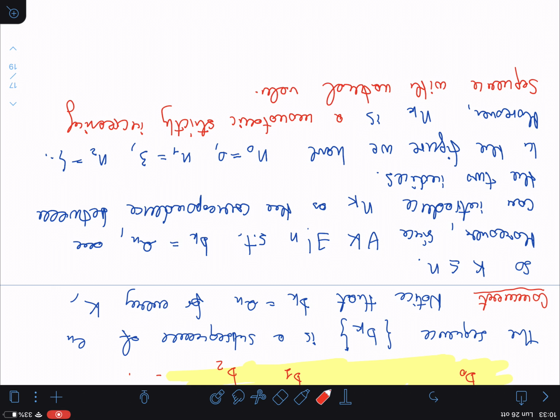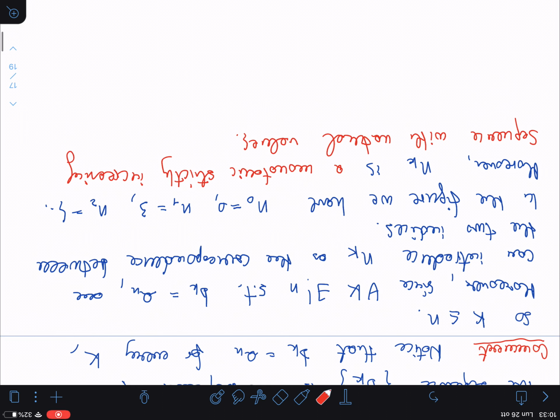Okay, I just wanted you to observe this feature of n_k in order to use it for the official rigorous definition of subsequence.